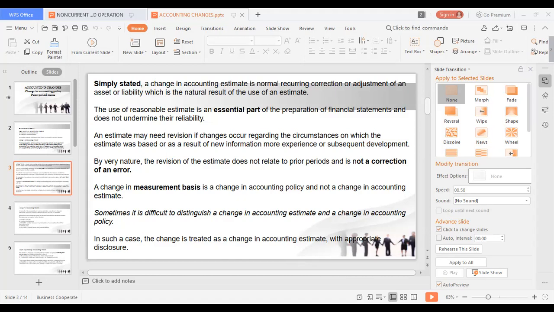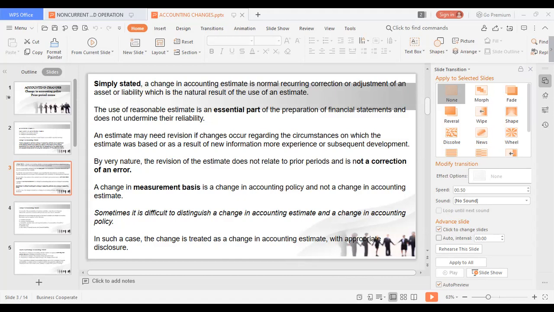Then the expired life from January 1, 2017 to December 31, 2019 is 3 years multiplied by 500,000, the annual depreciation. So the accumulated depreciation as of January 1, 2020 is 1.5 million, giving a carrying amount or book value of 3 million minus 1.5 million.